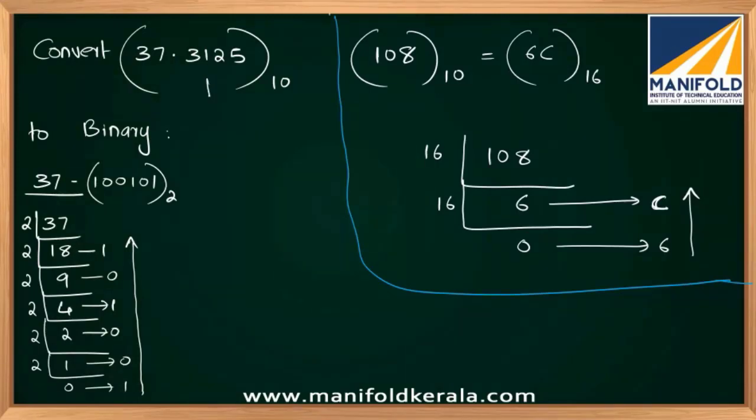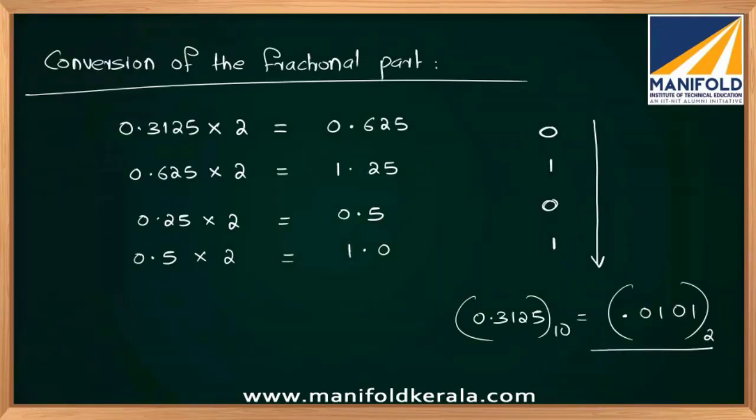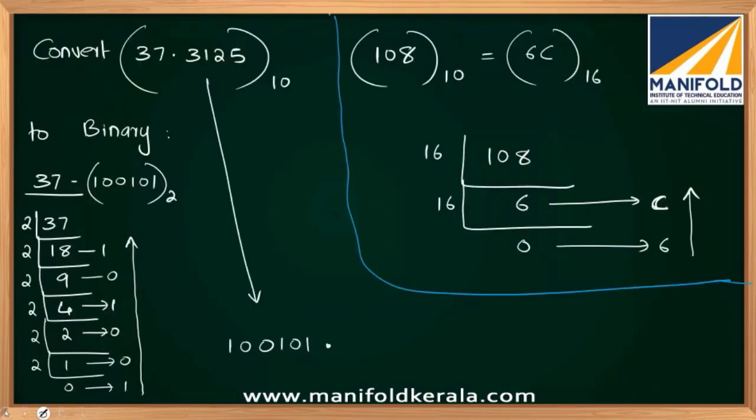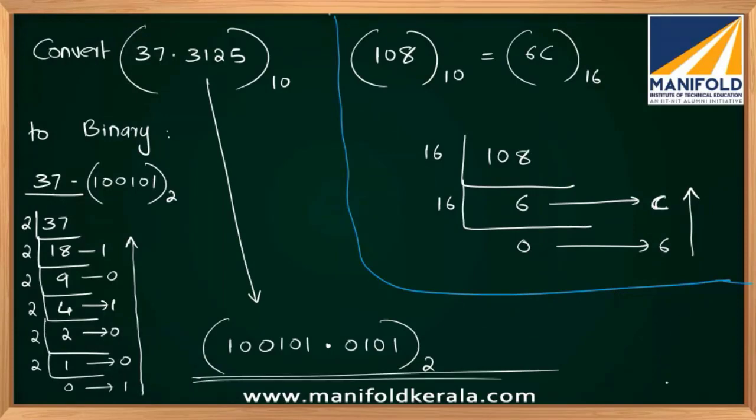So this particular number will be nothing but 100101 point, and the representation of 0.3125 is 0.0101 base 2. So this is how you convert a mixed number, that is a number containing both an integer part and a fractional part, into any base system.